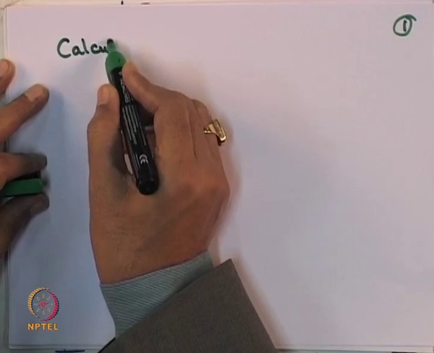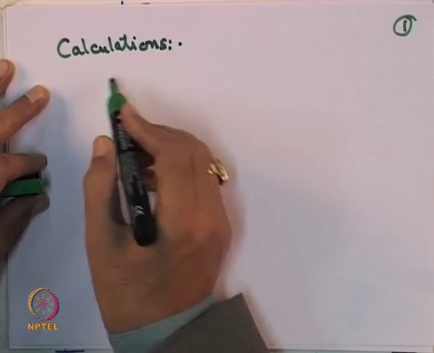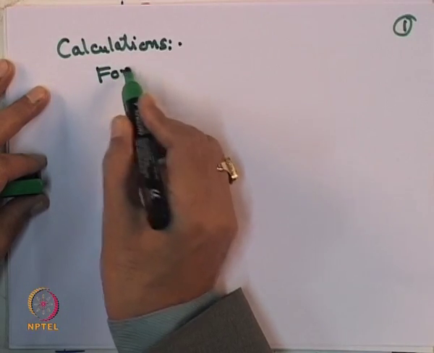Now, I will show you how to calculate the coefficient of permeability for the variable head test method. This is the calculation for the coefficient of permeability for variable head.